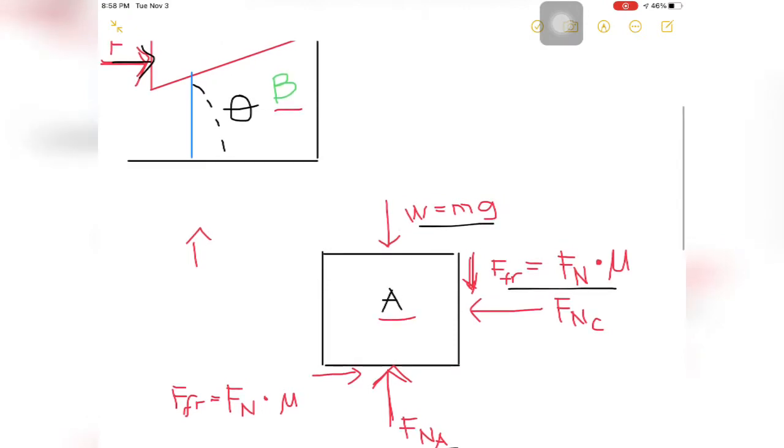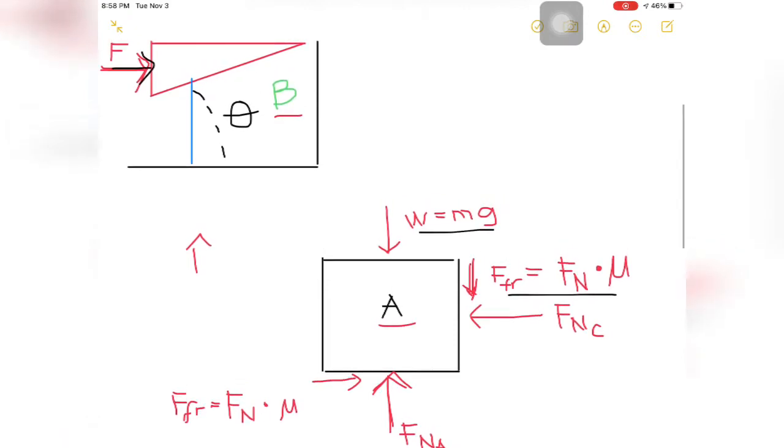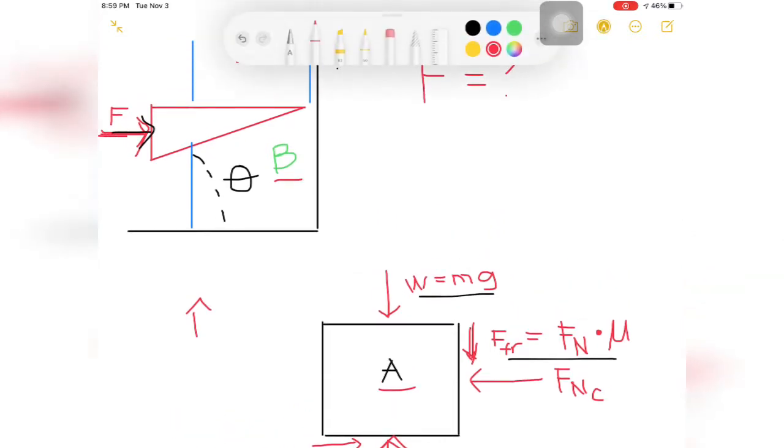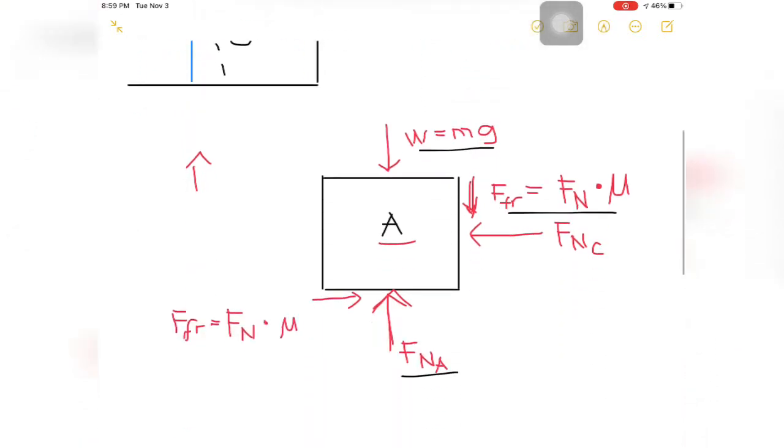We can also see that the force that is driving the wedge in here will cause a friction force to exist between object A and object B, which causes a force to act on object A in the positive x direction.